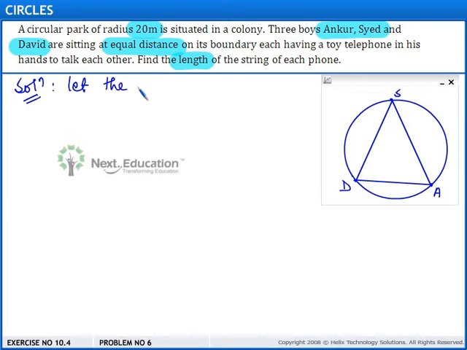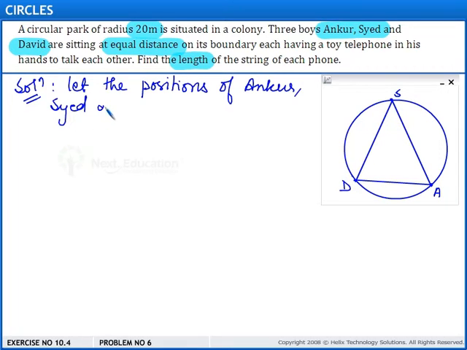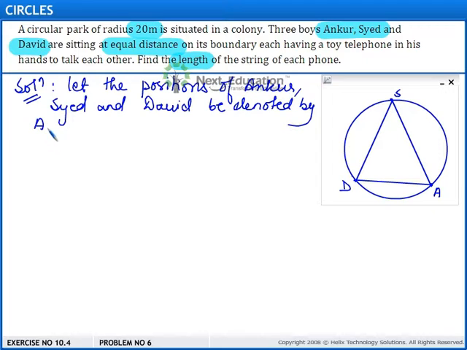So let the positions of Ankur, Syed and David be denoted by A, S and D respectively.